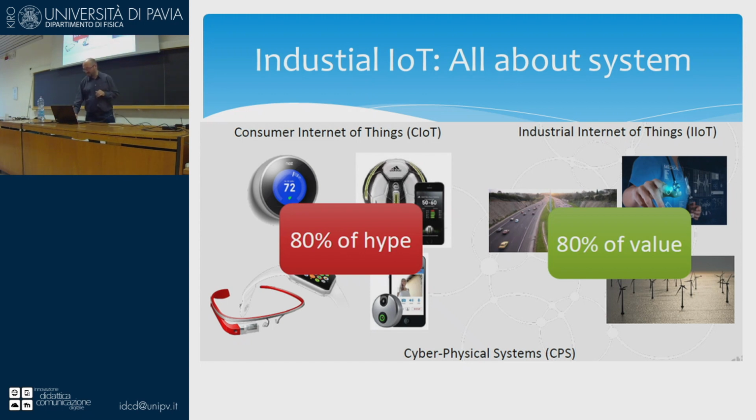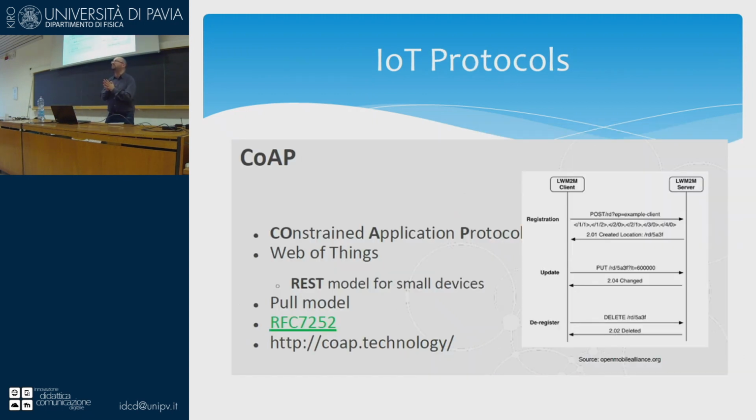So, industrial things. Before you speak about things, you have a suite of protocols that are currently used in IoT. The first one comes from the web, as REST services, called CoAP. You think of the thing like a web of things, and you go directly with TCP or UDP protocols using this kind of REST services.